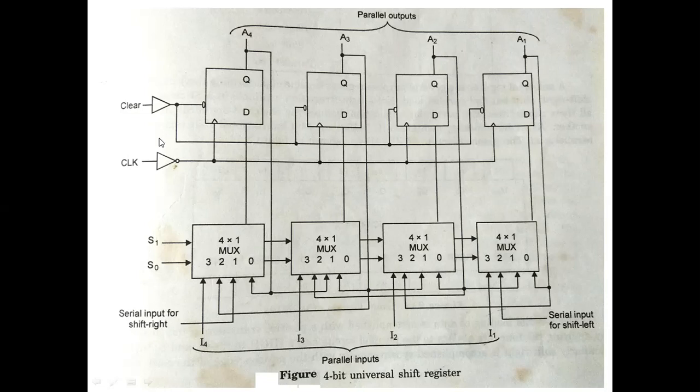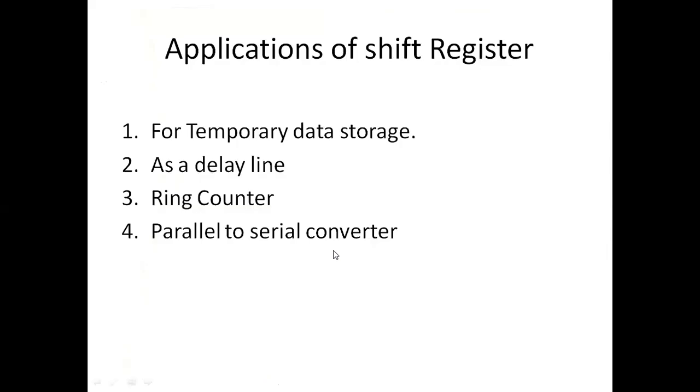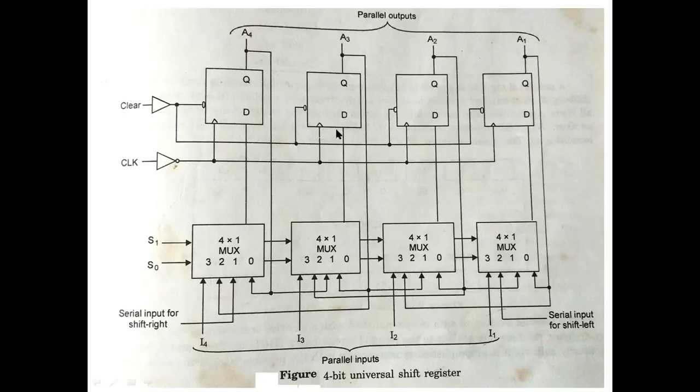So when you apply the clock pulse, this D will be taken as output. So the I4 data will come at A4, I3 data will come at A3, I2 data at A2, and I1 data will be taken as A1. So here data are entered in parallel and taken as parallel output. So the parallel output operation can also be performed here.